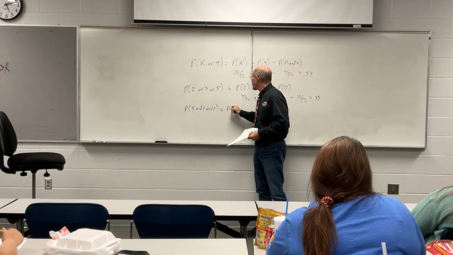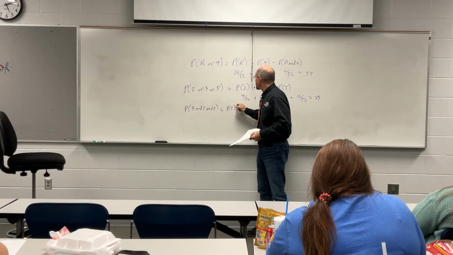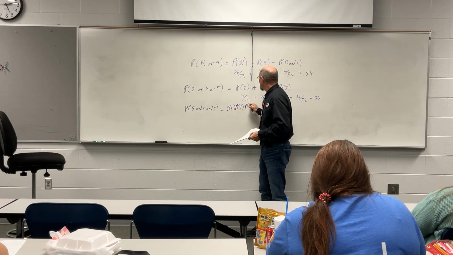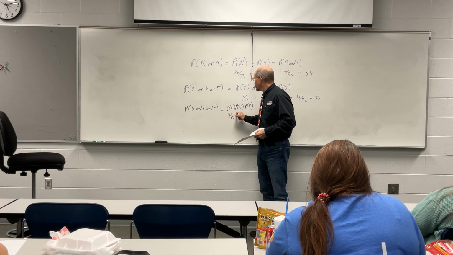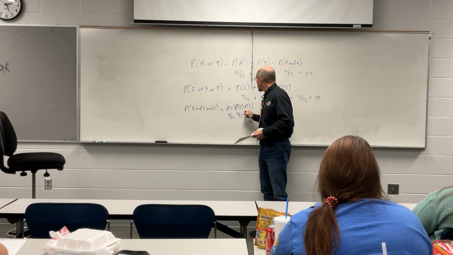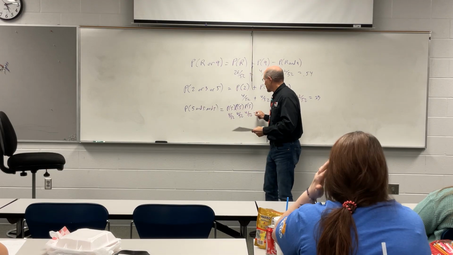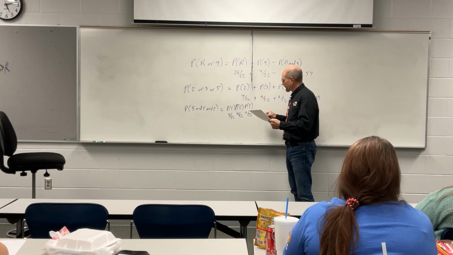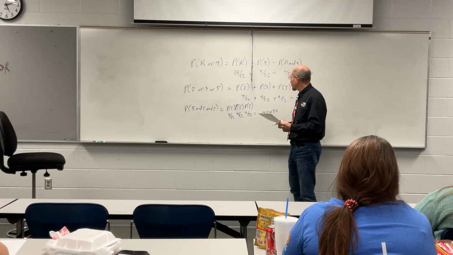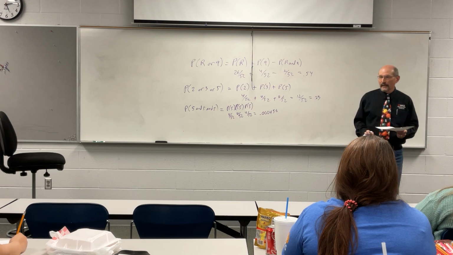So that's the probability of 5 times probability of 5 times probability of 5. With replacement, 4 out of 52 times 4 out of 52 times 4 out of 52, which gives you a value of 0.0000456. It's 4 out of 52 to the third power.